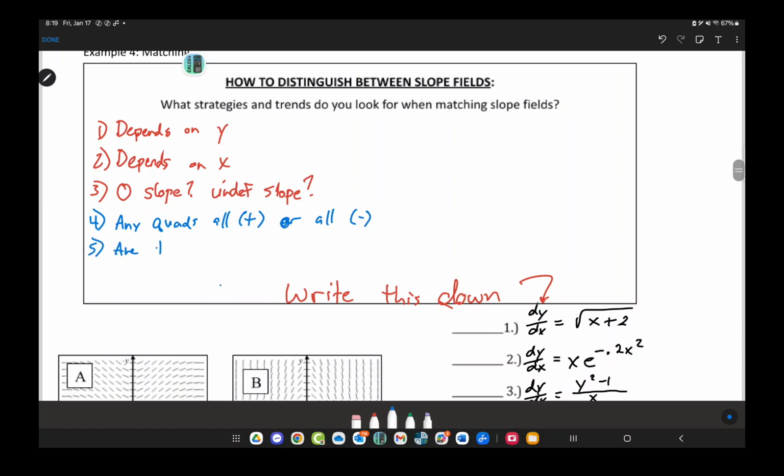Are the slopes always positive? Is your function positive everywhere?